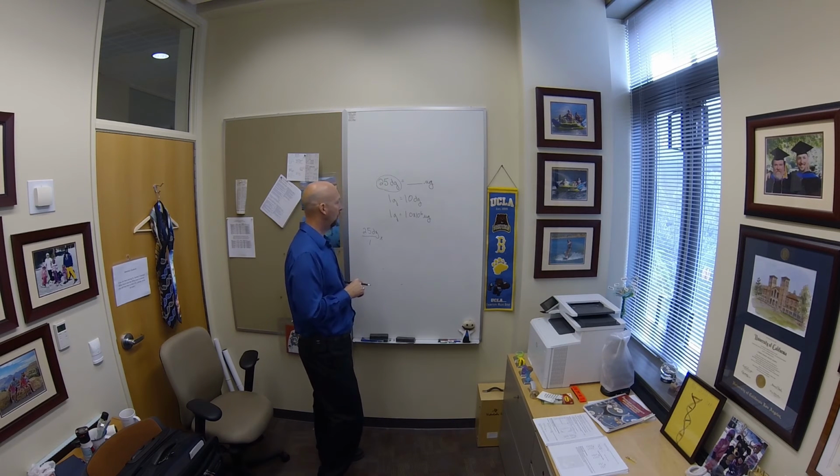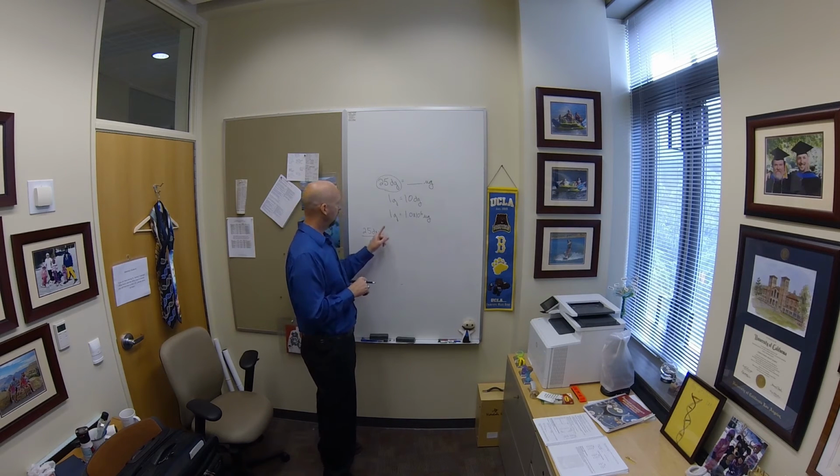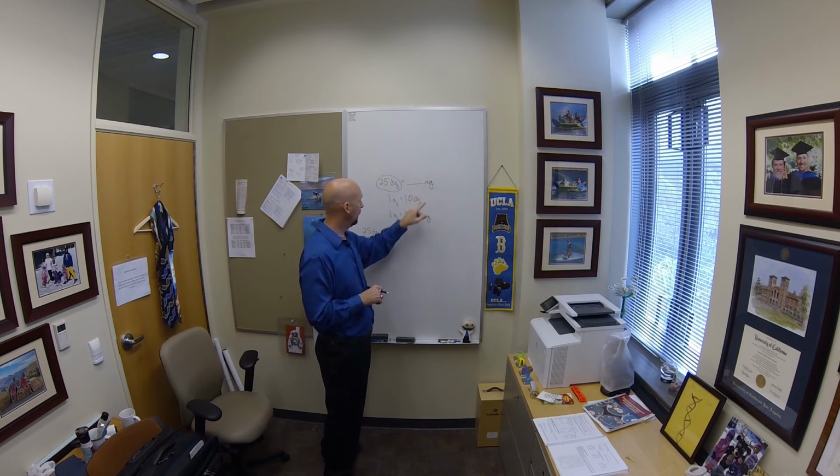So I would recommend always setting up a multi-part dimensional analysis problem and solving it that way. And what I mean by that is, well, I don't have a conversion here from decigrams to micrograms, but I have a conversion here from decigrams to grams. And I have a conversion from grams back to micrograms. So I want to get to micrograms. Well, I can do that.